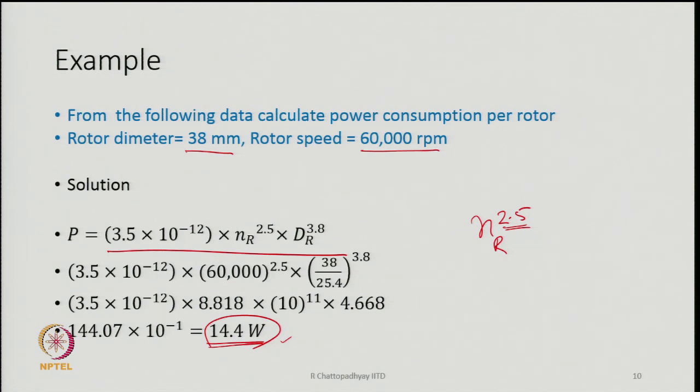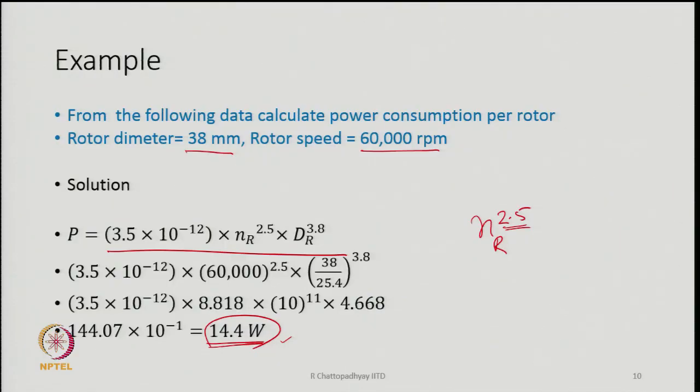With increase in rotor speed, the production rate will increase linearly. Suppose if I express the count becoming coarser, the production rate will increase linearly. Or if I increase the rotor speed, then the production rate will increase linearly.